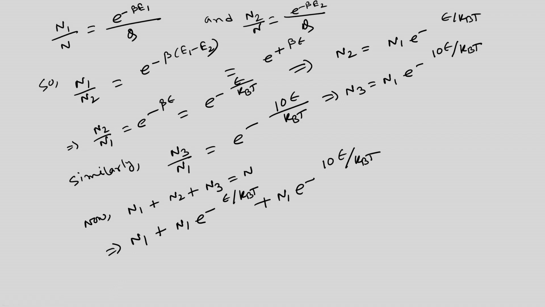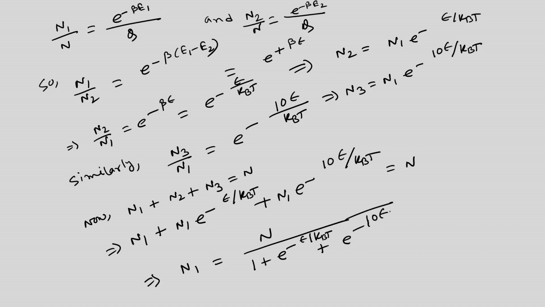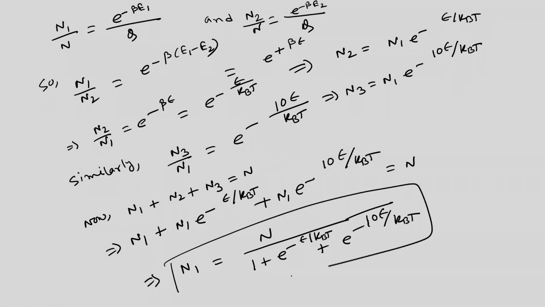Okay. So, this is the expression we have got, and if we further simplify, we get the value of N1 is N by 1 plus e to the minus epsilon by kBT plus e to the minus 10 epsilon by kBT. So, this is the value of N1.